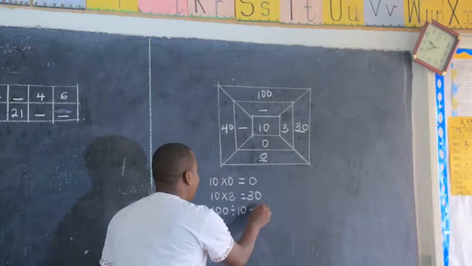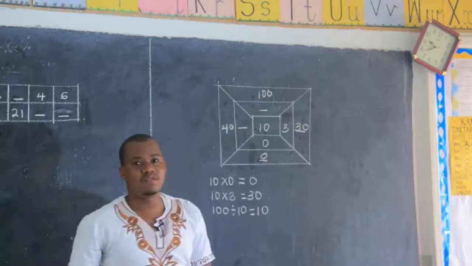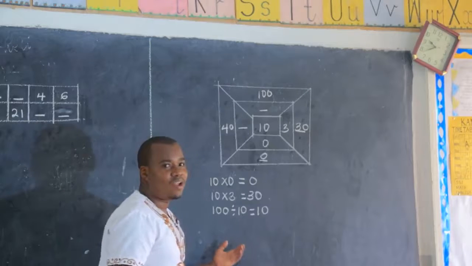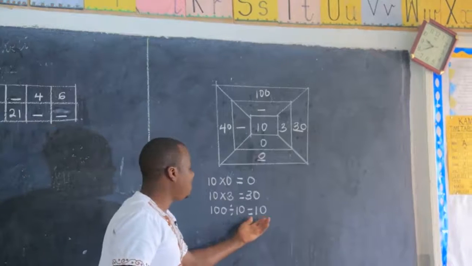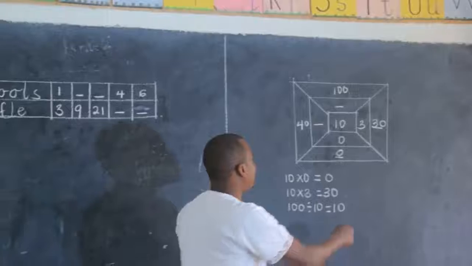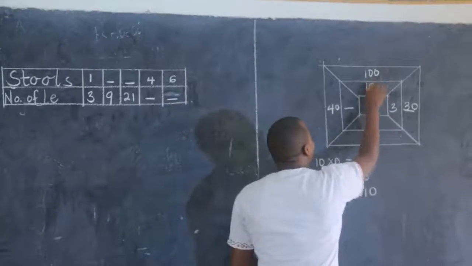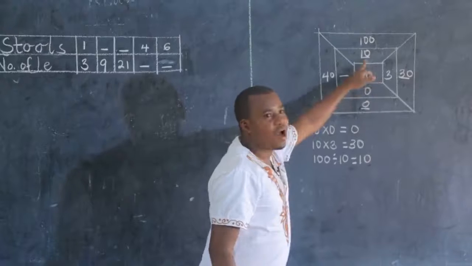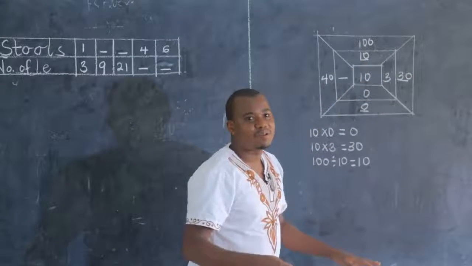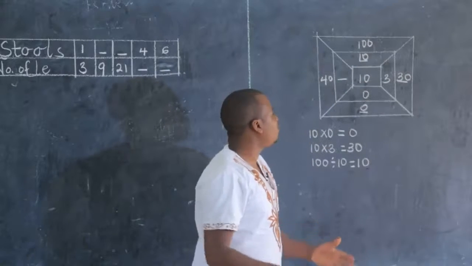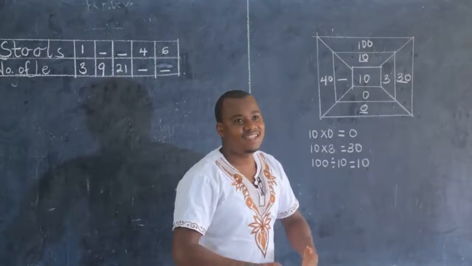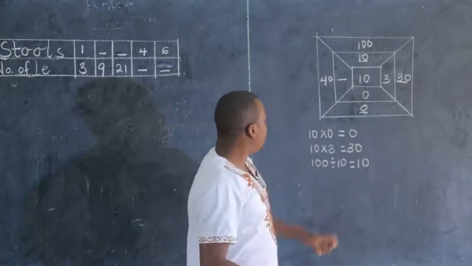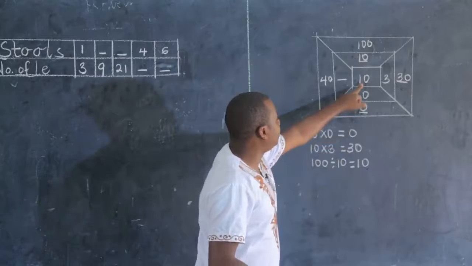So 10s are 10 in 100, meaning 100 divided by 10 is 10. So I'm going to write here my 10. When you get the answer here, make sure you go and fill in and complete your puzzle, because the question said complete the puzzle. So I'm going to the very last one.